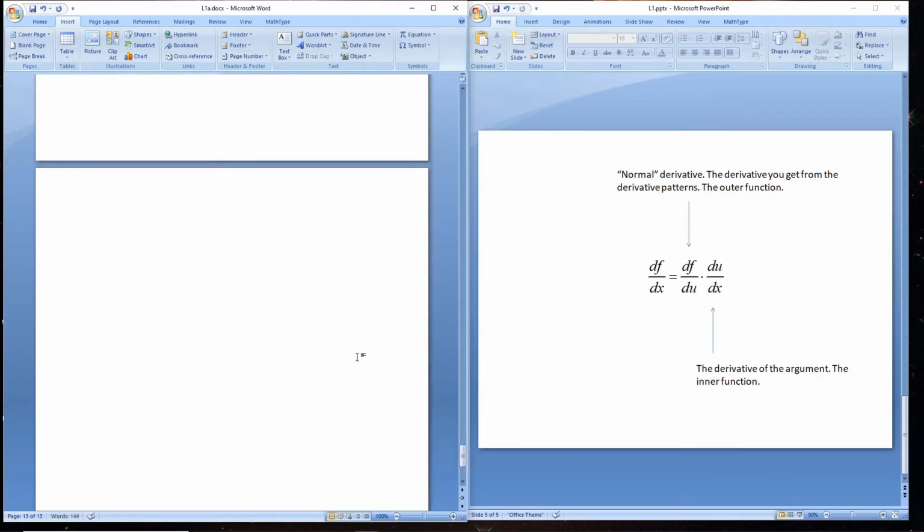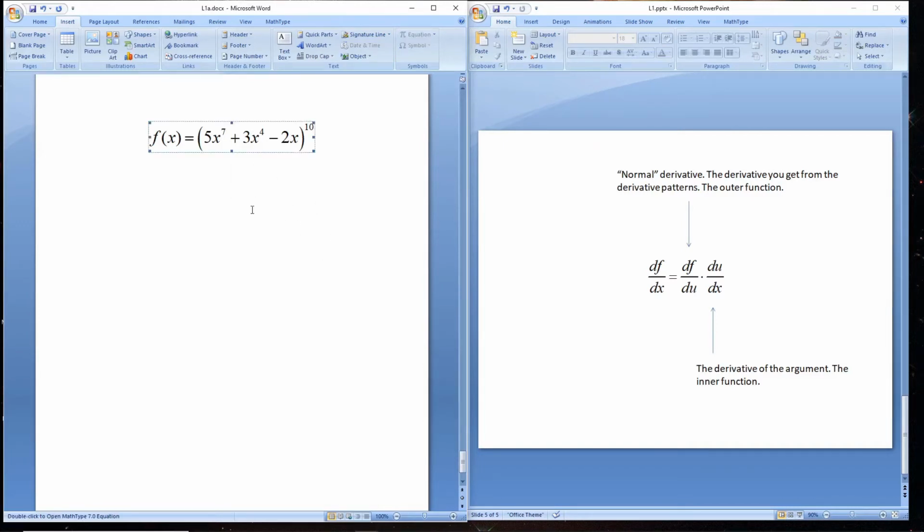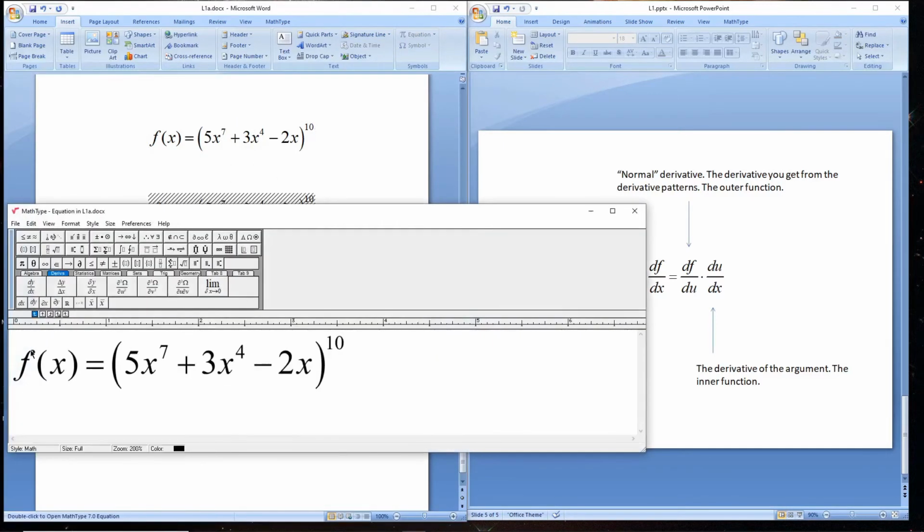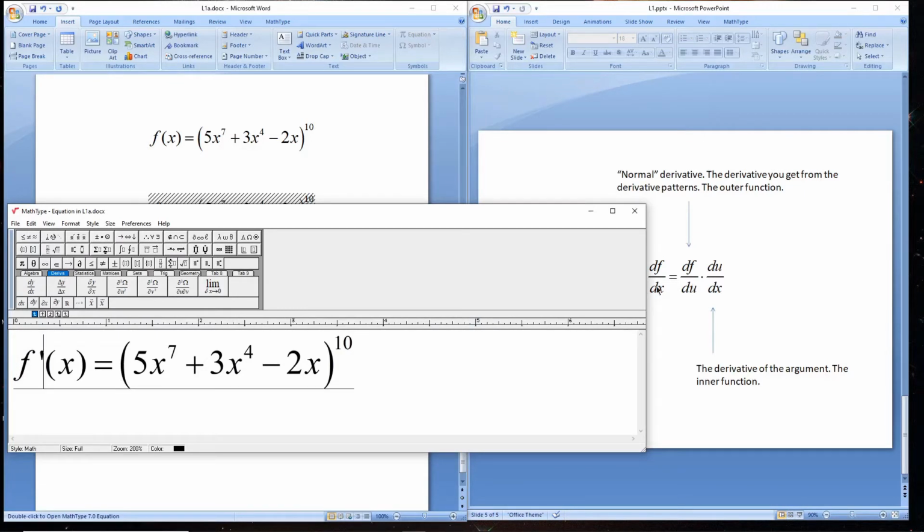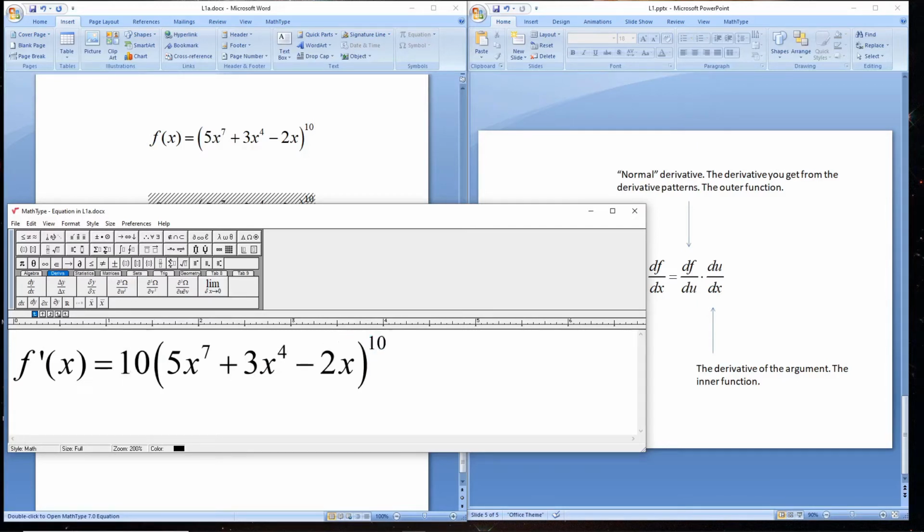But let me show you that again without the steps. Here's our function. We're going to take the derivative. The chain rule says, take the derivative like you normally would. So that means this 10 will drop down, and then we subtract 1 from the exponent. And there it is.